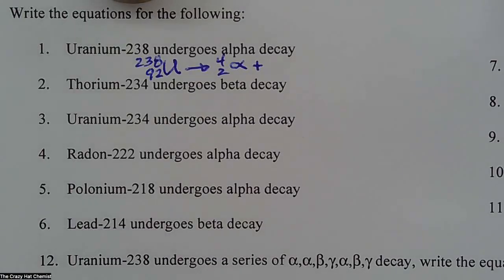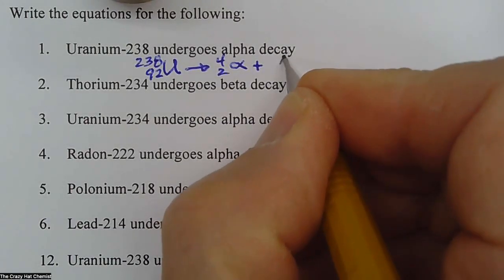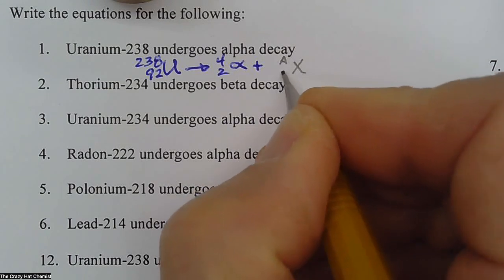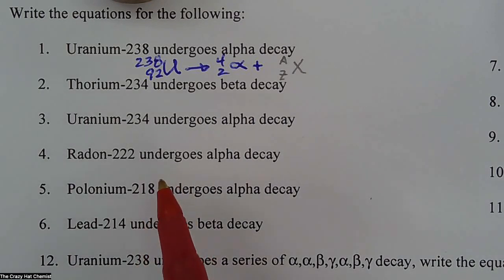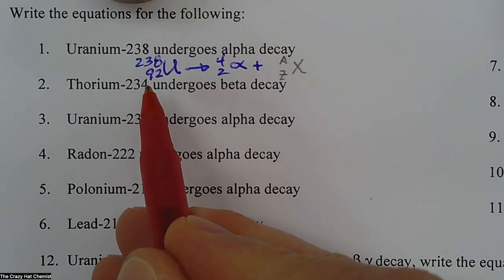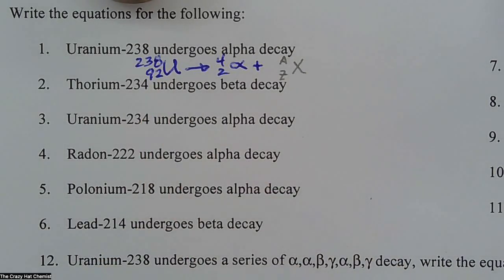Okay, and so what we want to do is get the A, the X, and the Z for our product. In order to do that, we need to do the quick little simple math that's associated with this. You can do this on your own.